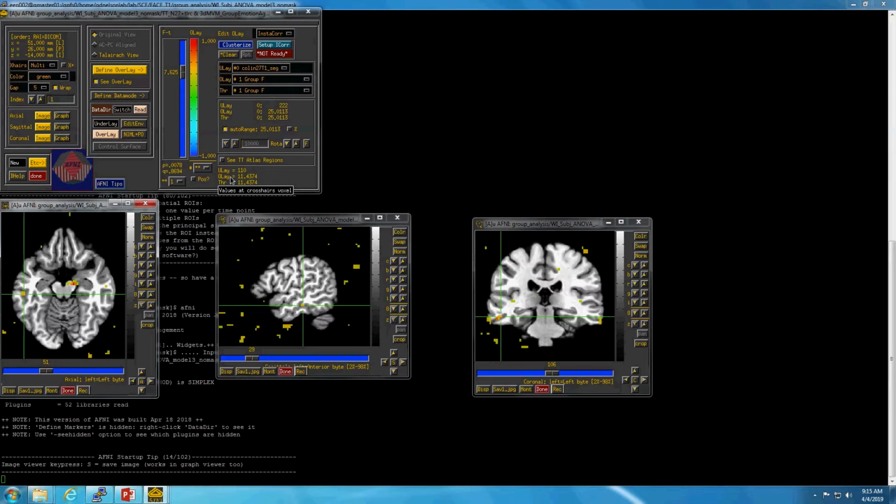One is all the mathematics of looking at not just the significance of one voxel, but also the probability of two voxels next to each other. So it's a spatial correction. With the BOLD signal in fMRI, you tend to get a spatial distribution.